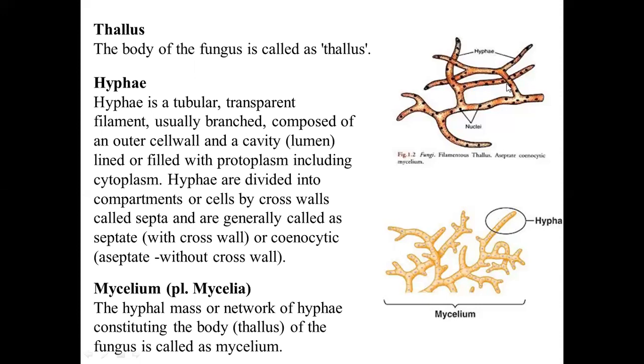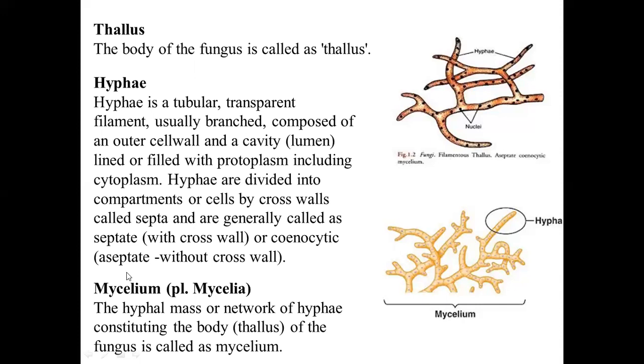Or if there is no septation, like this, it is an aseptate hypha, or coenocytic hypha. You can see the cross walls between the two cells, which can divide the nuclei into each cell. If there is no cross wall, it is known as an aseptate hypha or coenocytic hypha. So this is about the hypha.